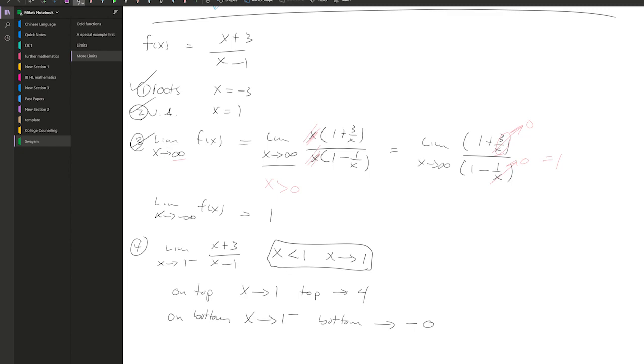So that means I'm looking at numbers that are less than 0 but getting closer to 0, which means the whole thing is negative with bottom equals 0, and that means the whole thing goes to negative infinity.